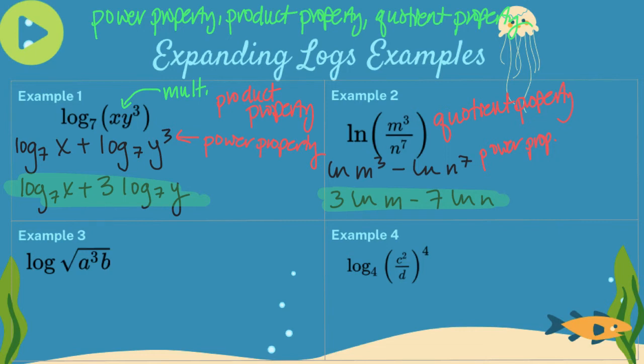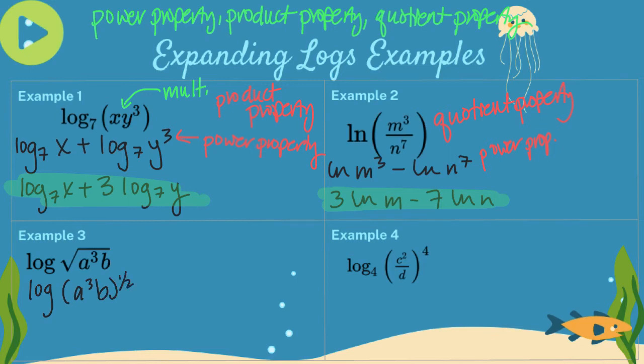Example 3, I have log of the square root of a cubed b. Now square root is the same thing as log of a cubed b to the 1/2.